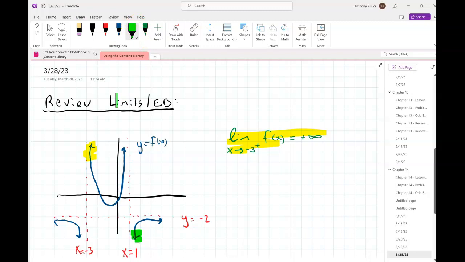So what's this one going to be then? x approaches positive 1 plus, f of x, negative 3. Is that okay?